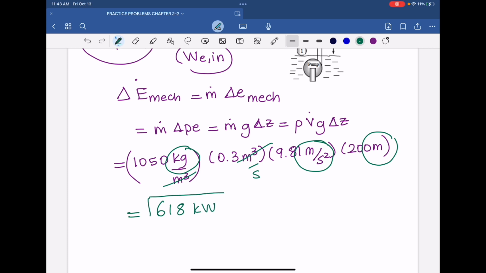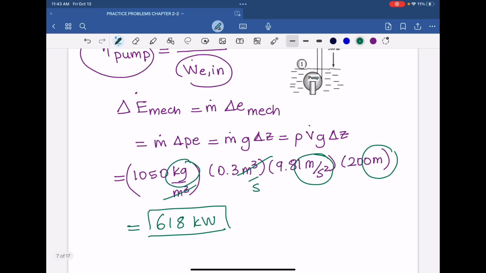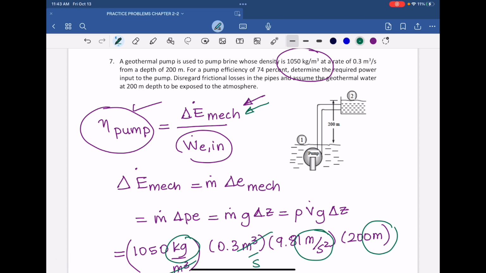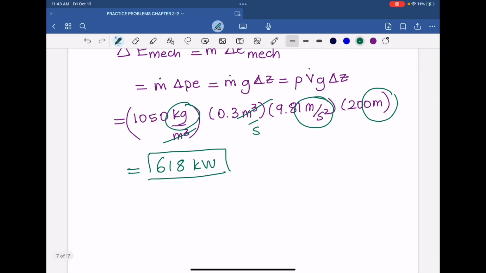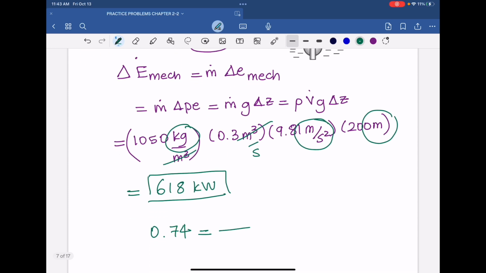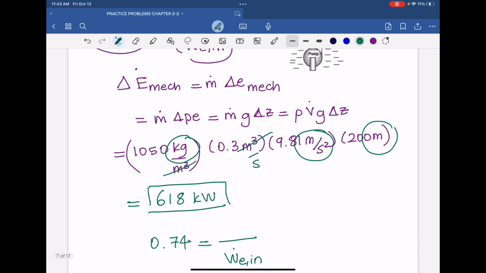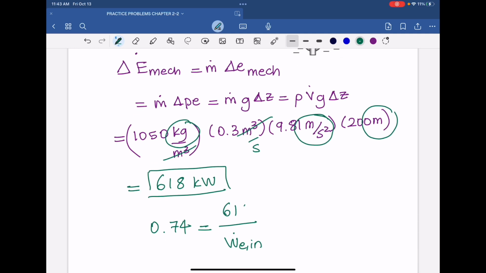kilowatts. This is basically the mechanical energy change achieved by the pump, and we need to plug this information into this equation. The pump efficiency is 0.74, meaning 74%, and we are trying to calculate the electric power, and the rate of mechanical energy change is 618 kilowatts.